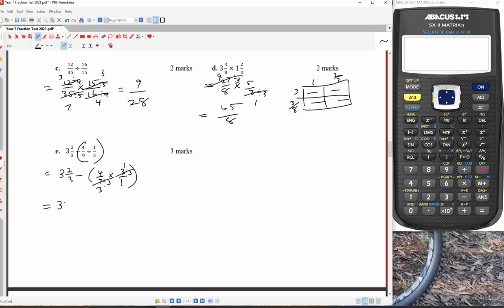So we're going to get 3 2/3 take away 4 times 1 is 4 and 3 times 1 is 3. Now this is 3 2/3 take away 4/3. Might be easy to see this via impropers. 3 threes are 9, 9 and 2 is 11 on 3. Take away 4 on 3. Answer is 7 on 3.